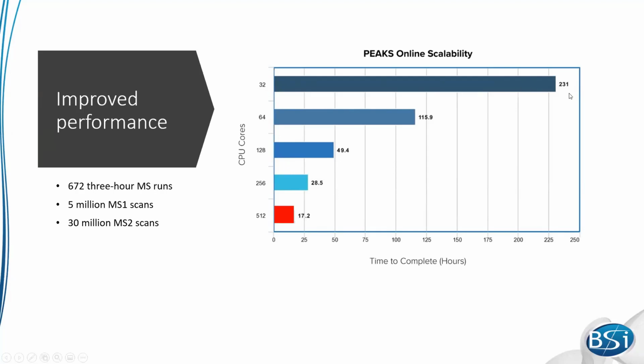Still pretty quick compared to the amount of time that it actually took to generate this data set. But then as you increase the amount of processing power that you give to this setup, you're able to get it down to 17 hours if you're using a 512 core setup. So a pretty hefty hardware setup, but you're able to run data through Peaks at an alarming rate at that speed.